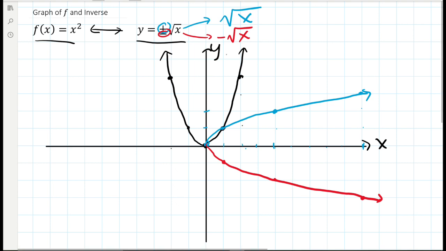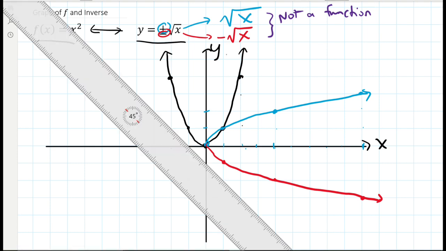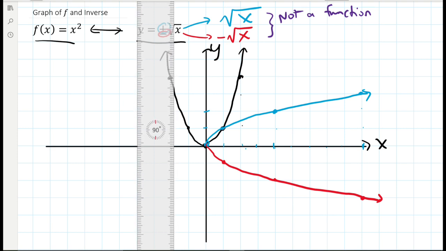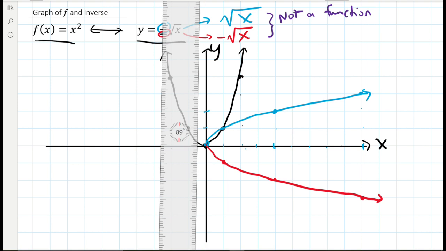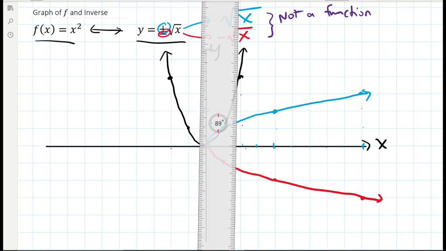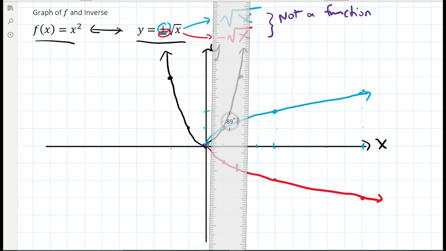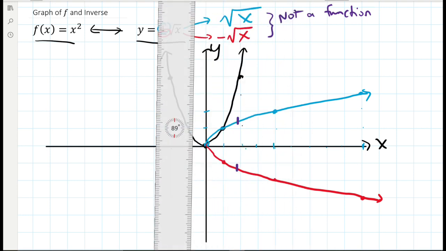All right, so now we can see that this is definitely not a function because it fails the vertical line test, right? Remember that the vertical line test states that if you have a vertical line, maybe like a ruler or something like that, and it touches the graph at more than one spot, you see how it touches there and there, as you slice through the curve, then that is considered not a function.